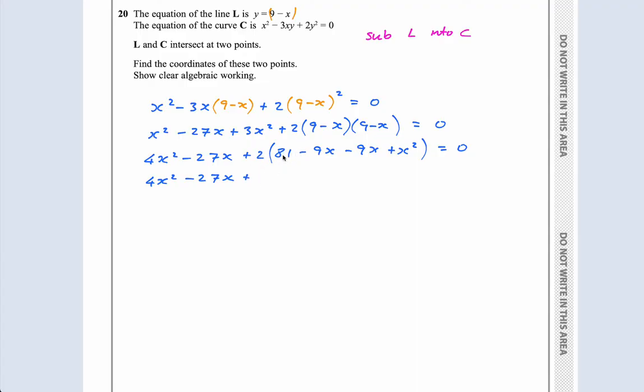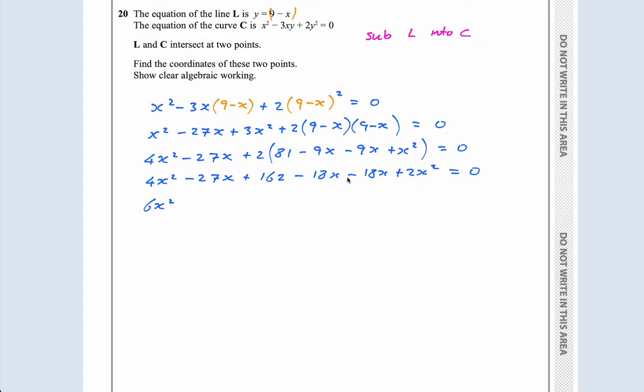So 2 times 81 is 162. 2 times 9 is minus 18x. 2 times 9 again, minus 18x. 2 times x squared is plus 2x squared equals 0. Join the x squareds together, 6x squared.